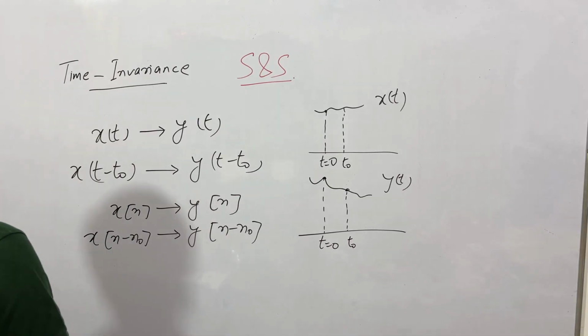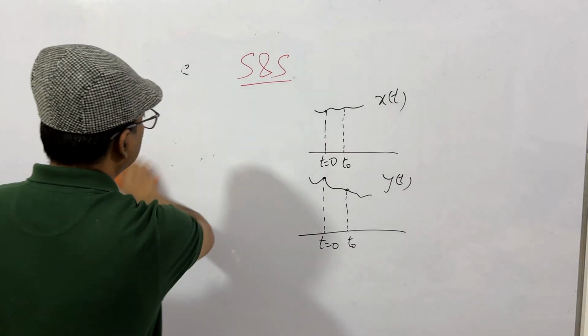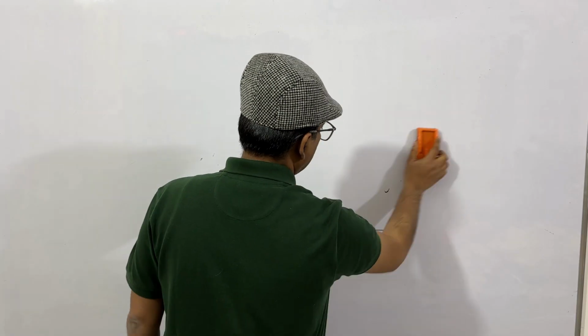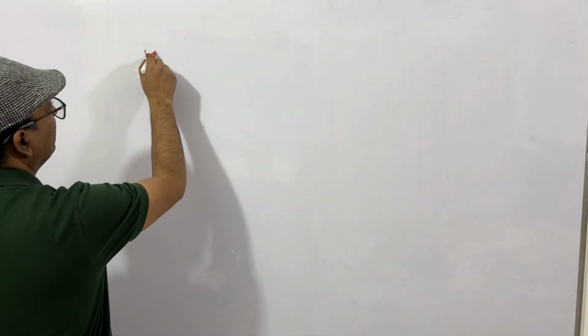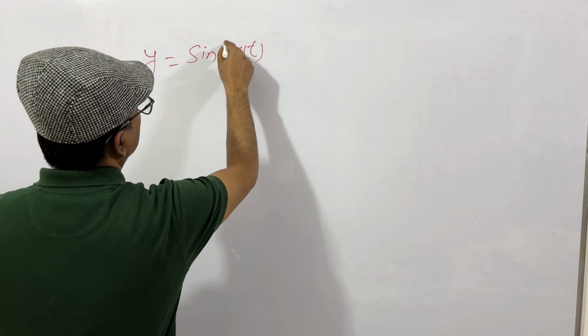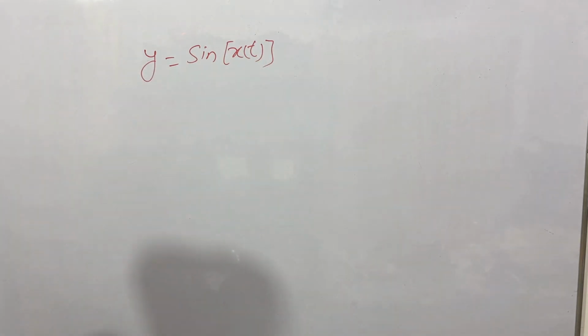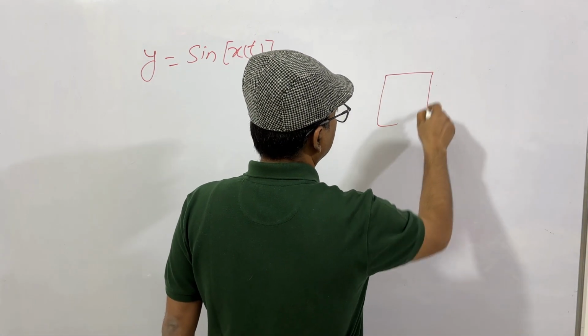Let's see some examples and understand the meaning of time invariance. Let's talk of a sine function. Our question is, is the system y(t) equal to sine of x(t) time invariant?